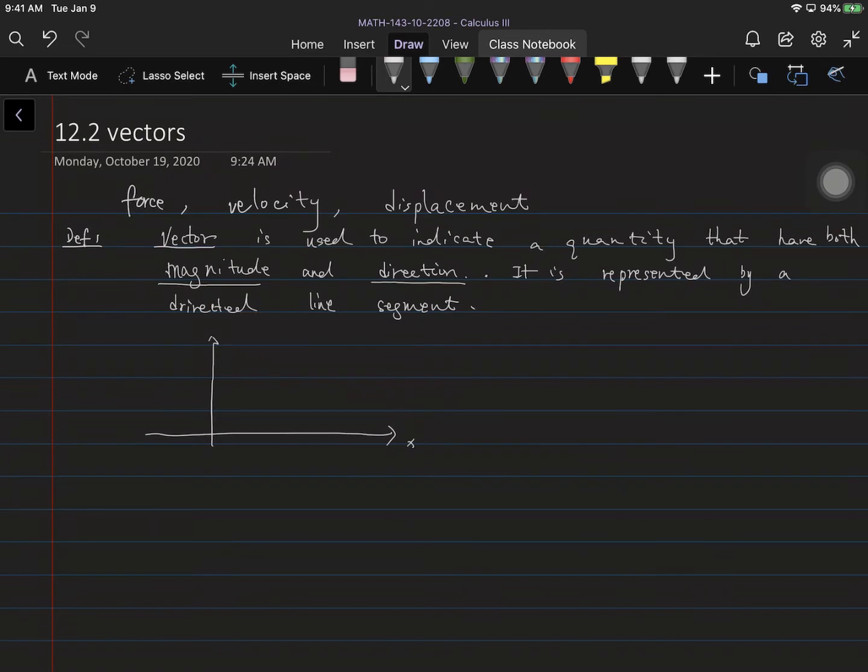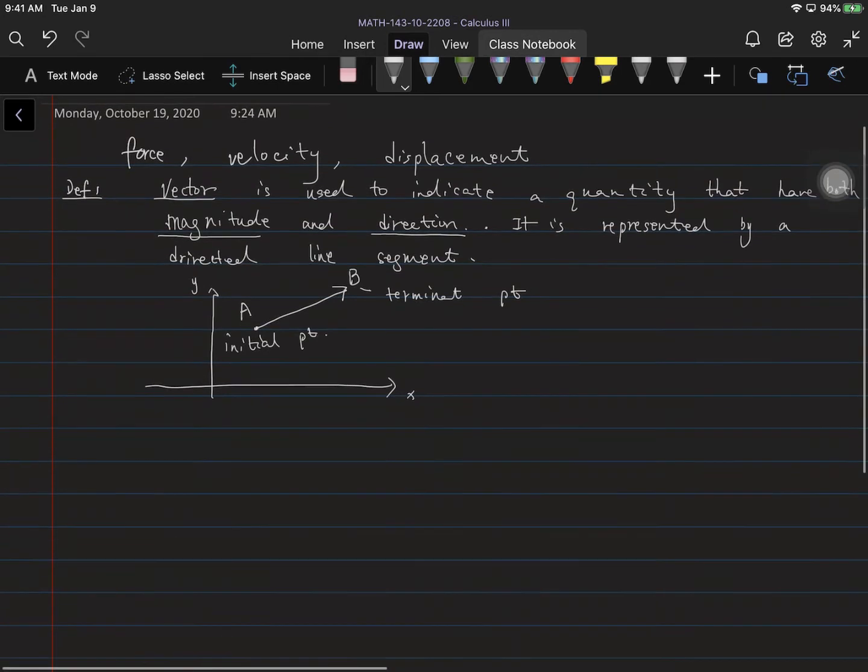If it's in a 2D plane, it's like an xy coordinate, right? And here we use a directed line segment. This line segment has an initial point A, and we call B the terminal point. Okay, so that's the definition of a vector.